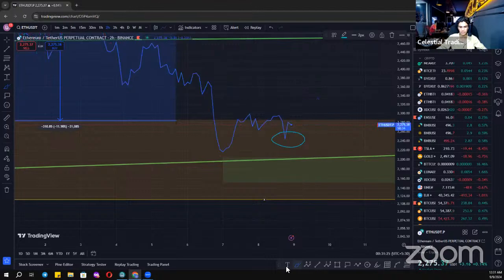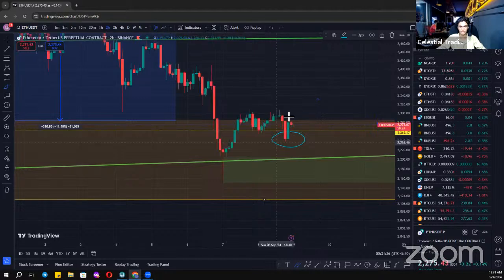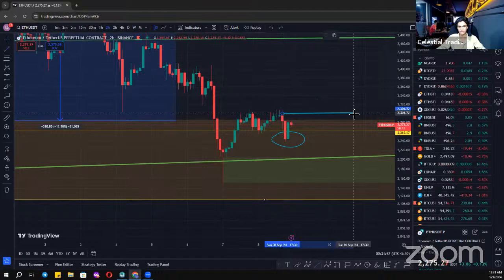When we consider this as support, we have a very big, very strong fake out, and we have liquidities over here, in this area.